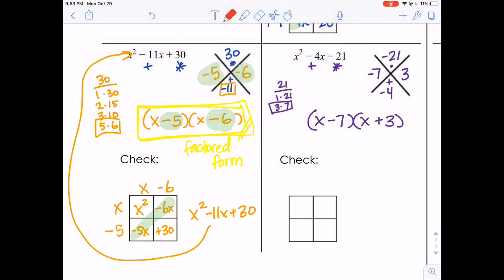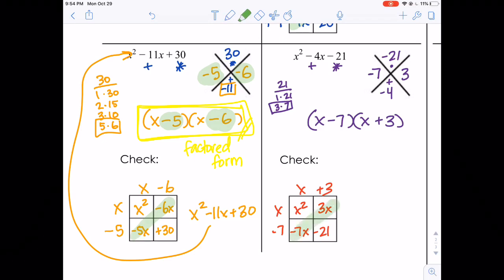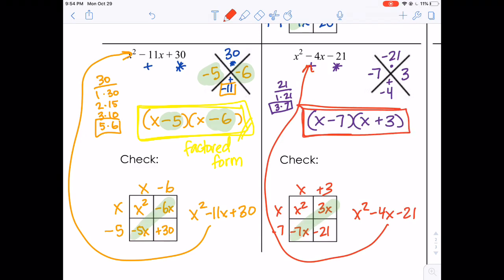I'm going to go ahead and check it. x minus 7, x plus 3: x squared, 3x, negative 7x, negative 21. Combine like terms. I get x squared minus 4x minus 21. I'm going to double check. Yes, that is what I started with. So this is my final answer here.